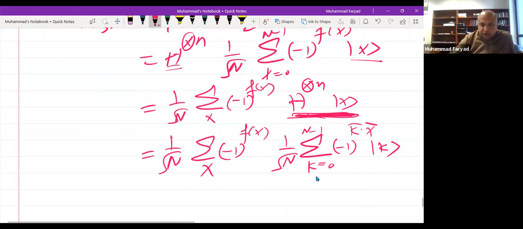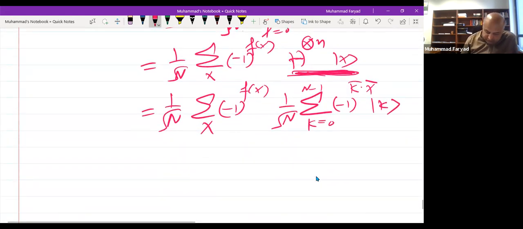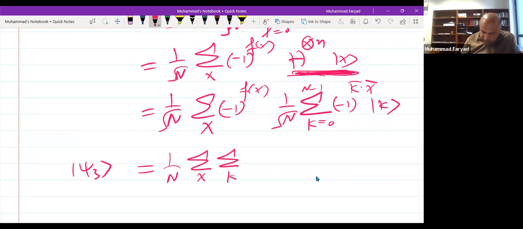Perfect. So now we have reached the stage where I can find the total output of this quantum algorithm just before the measurement, like this. So this 1 over square root of n, 1 over square root of n becomes 1 over n. Now there is a sum over x, there's a sum over k, and minus 1 raised to power f of x, this term, plus k dot x.